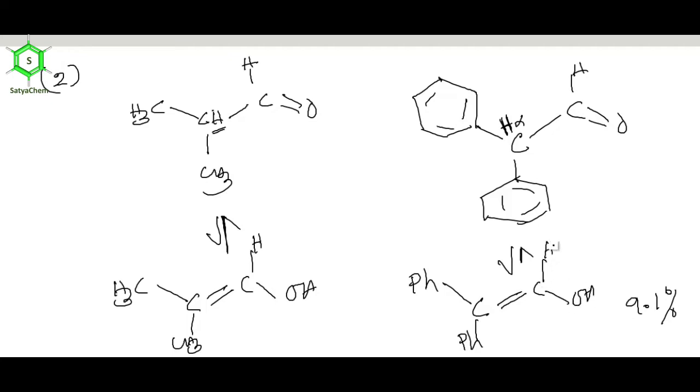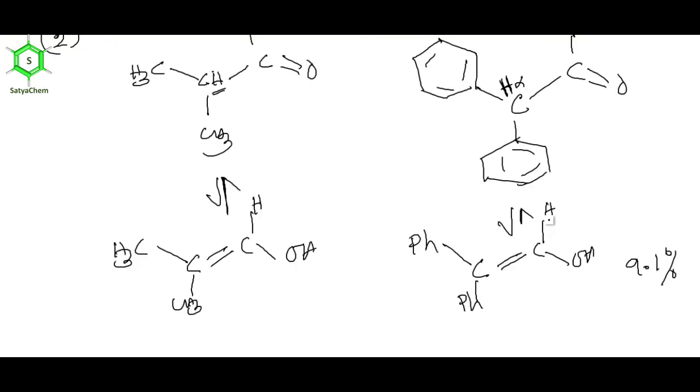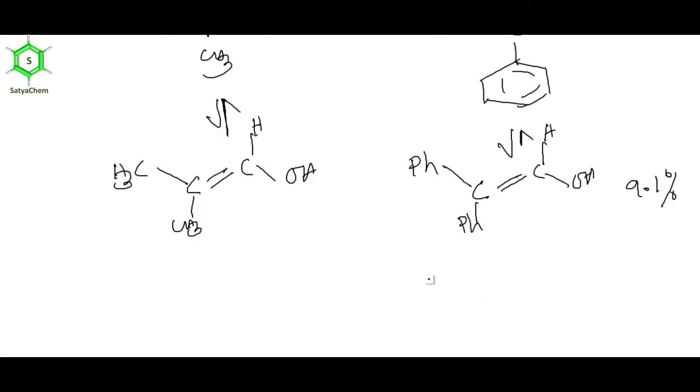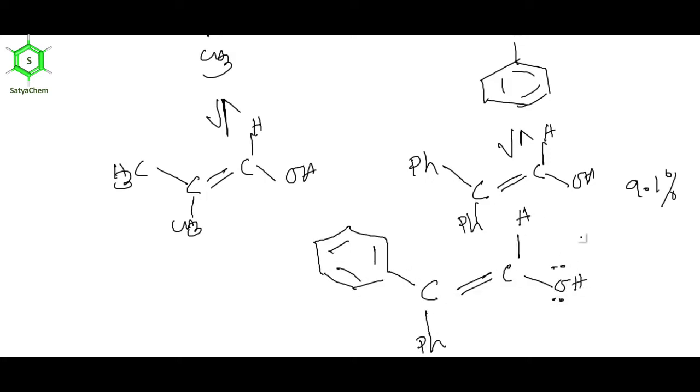Now why does the enol content increase? What is the reason behind this? Because here resonance is possible, electron delocalization is possible. How? Let's see, I am showing you. See, electron delocalization.